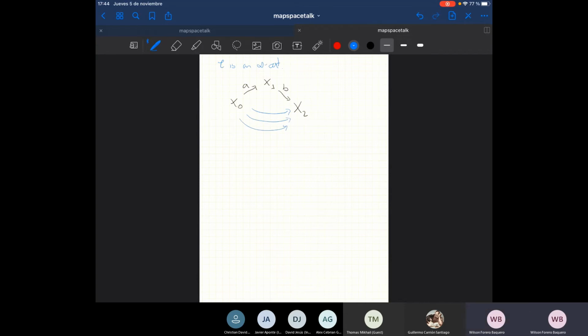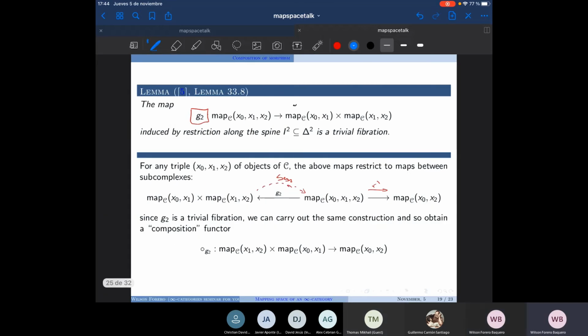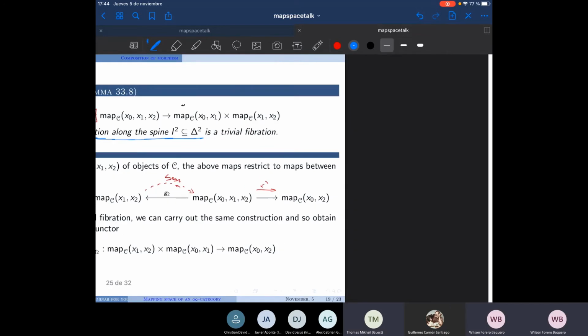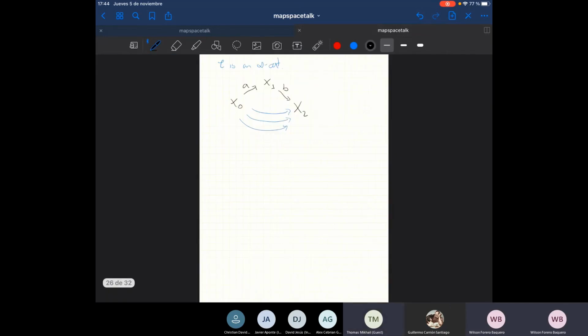So you have to choose one because you have to restrict this spine. So you have different ways to go from A, B. So this is in delta, sorry, I^2 to delta 2, right?